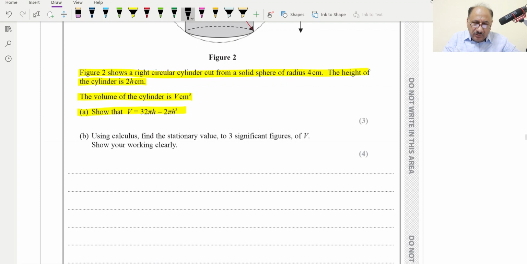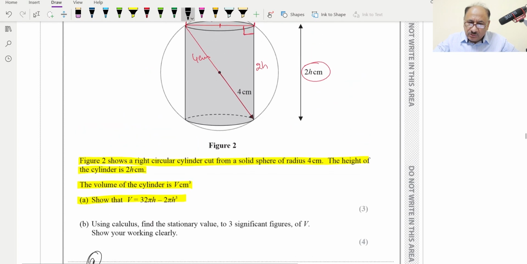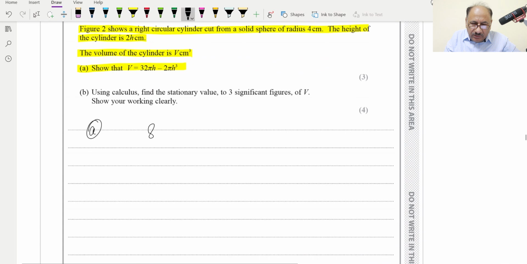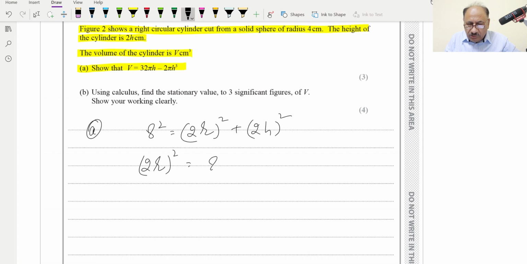So we can write for a part, 8 squared. 8 squared means what? This is 4 plus 4. It will be 8. So hypotenuse squared, 8 squared is equal to 2r perpendicular squared plus 2h squared, which is height squared. If we open this, basically first we will make 2r the subject. So 2r squared is equal to 8 squared minus 2h whole squared.